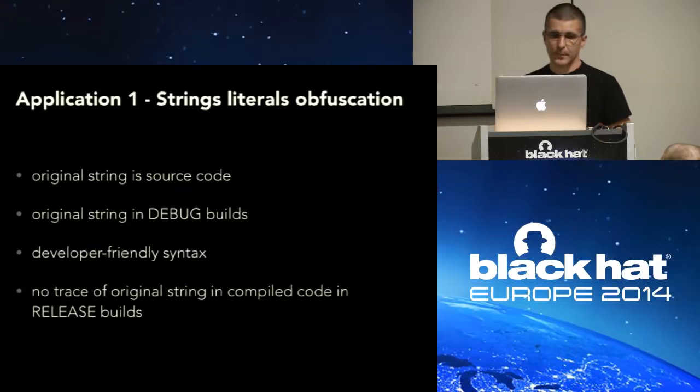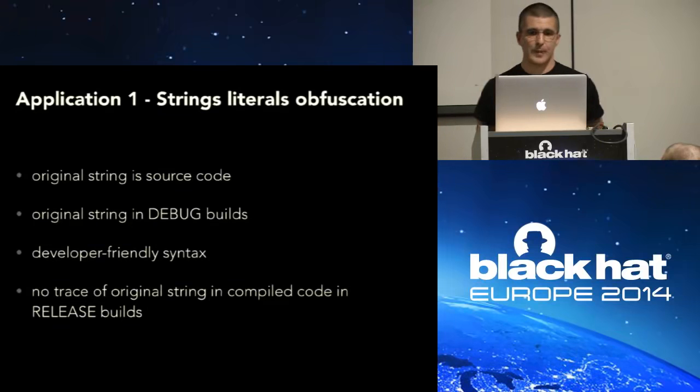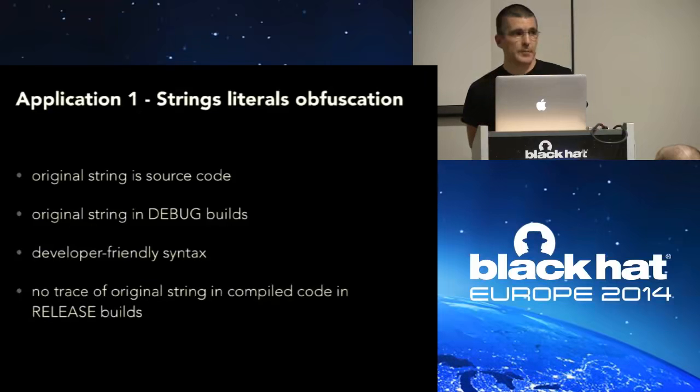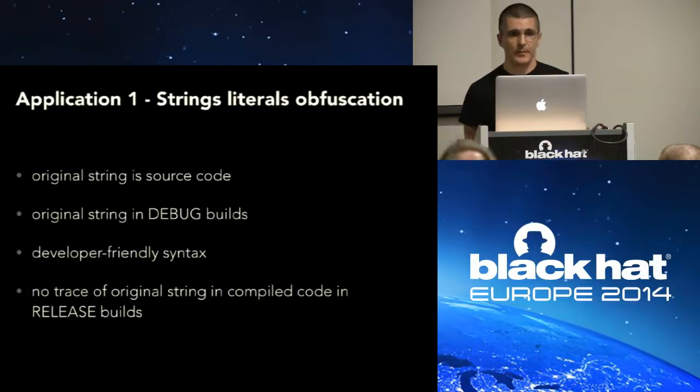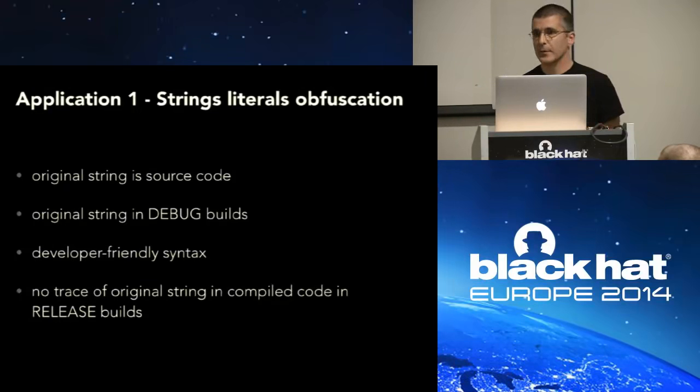This is some requirement of my obfuscation. Of course, I can make obfuscation manually. I can modify the source code, perhaps I run a preprocessor or something like that, but it's not what I want to do. I still want my original string in my source code. When I'm debugging, I still need my original string because otherwise it's a nightmare to debug and to manage.